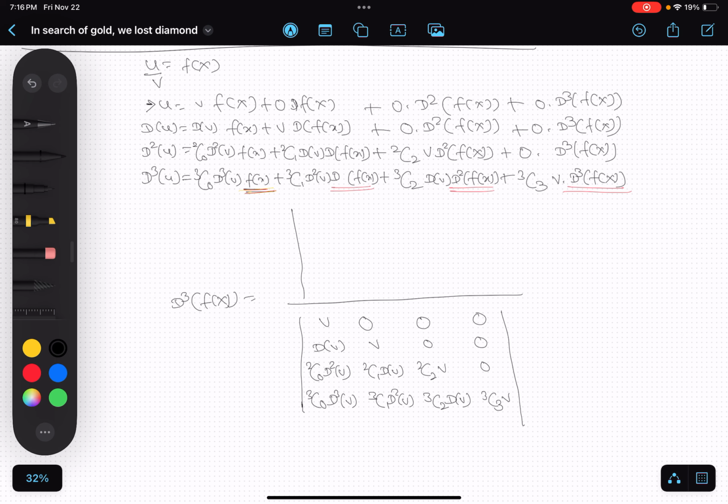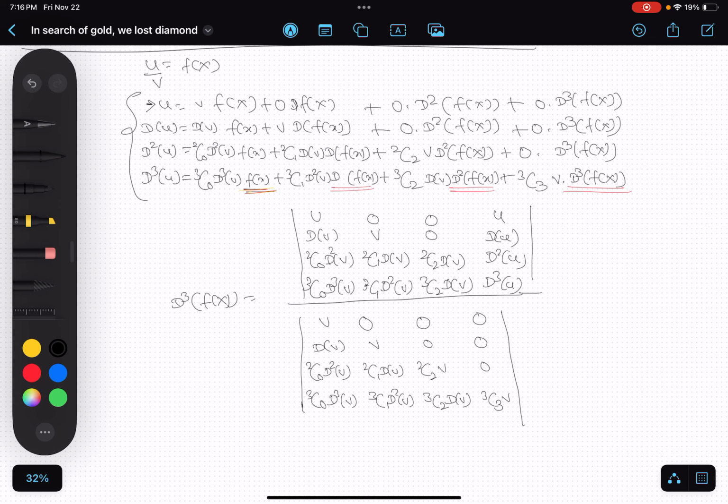So this will just be the same first of all: b, db, 2c0 d square b, 3c0 d cube b, and then 0, b, 2c1 db, 3c1 d square b, and then 0, 0, 2c2 db, 3c2 db, and the last column being replaced by u, du, d square u, and then d cube u.